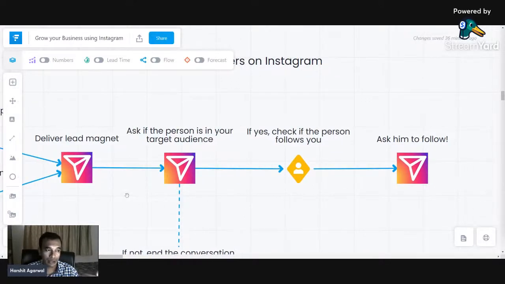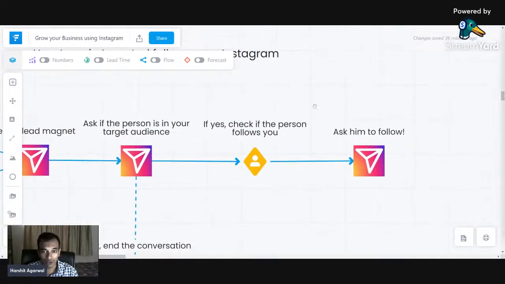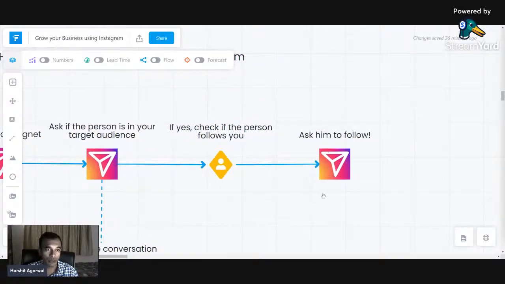You can set a delay of a few minutes, and then you can ask further questions, and you can put a conditional which checks if the person follows you or not, and then you can ask him to follow you.